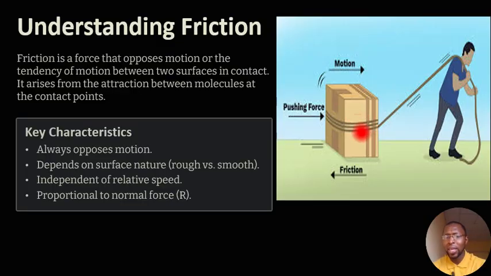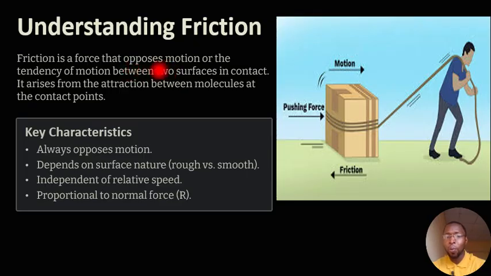But before this object can move, this man must overcome an opposing force that is keeping it from moving, and that is called friction. Friction is always acting in the opposite direction to motion. See the motion now in my right direction and friction in my left direction, meaning that it's trying to oppose. That's why we say it is an opposing force.